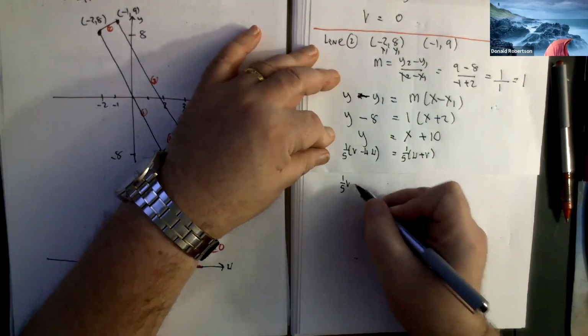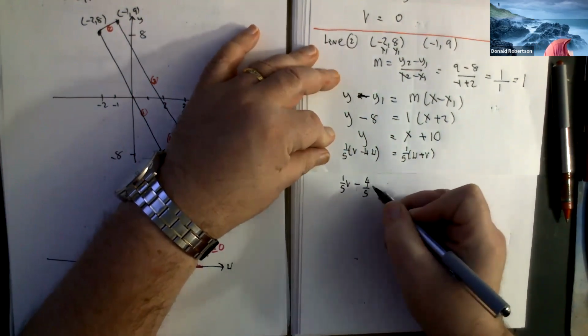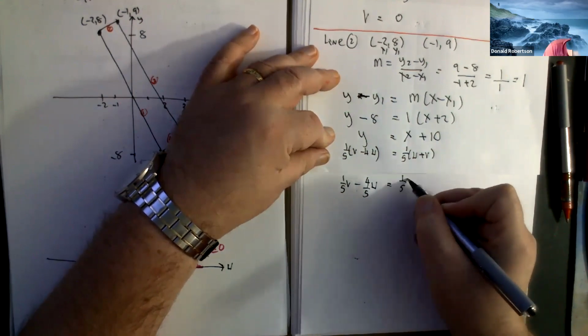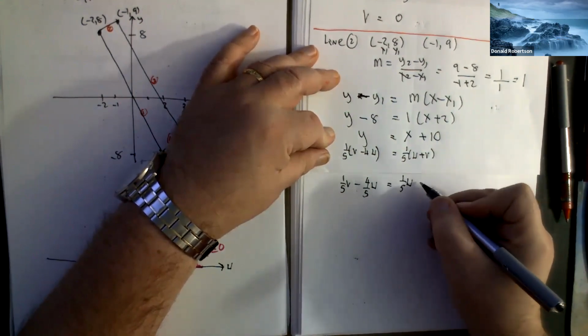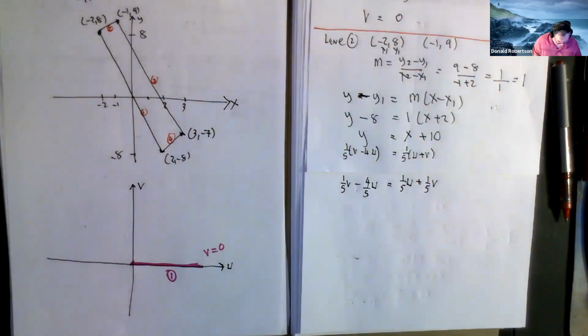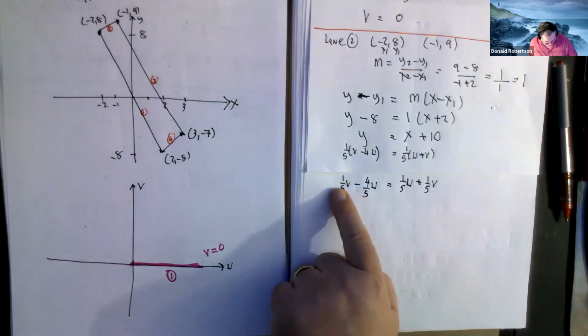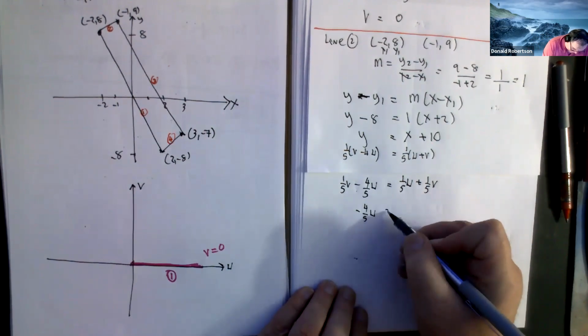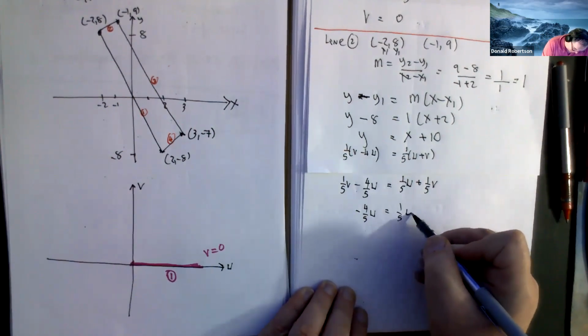So 1/5 v take away 4/5 u is equal to 1/5 u add 1/5 v. Oh, would you look at that? These cancel, and you end up with something I wasn't expecting, but I'm kind of happy.